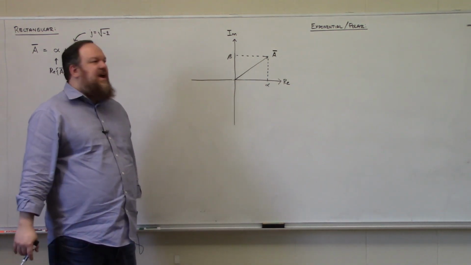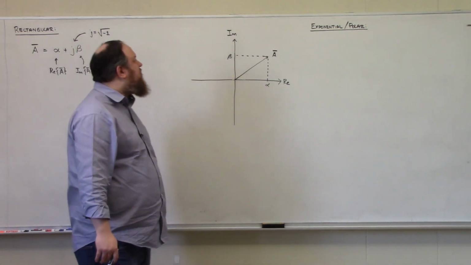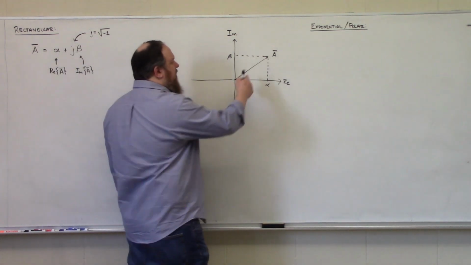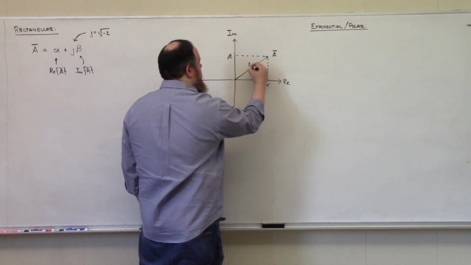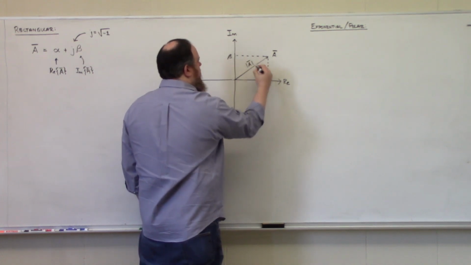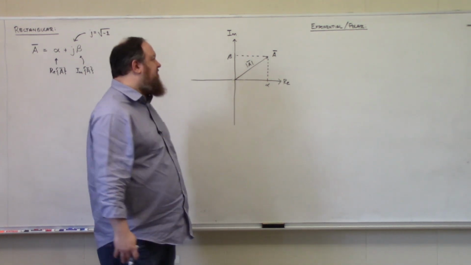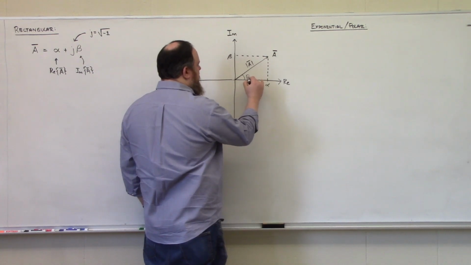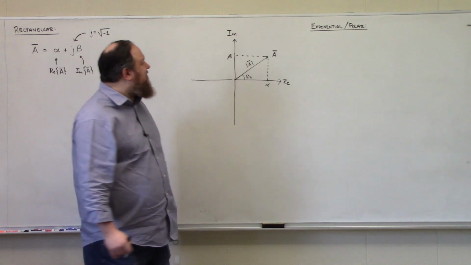We can use trig identities and come up with an exponential and polar form of this same representation. Because this complex number A has some magnitude, where I'm using the absolute value signs around the complex number A to denote magnitude, and it also forms some angle, which I'm going to call theta A, with the positive real axis.